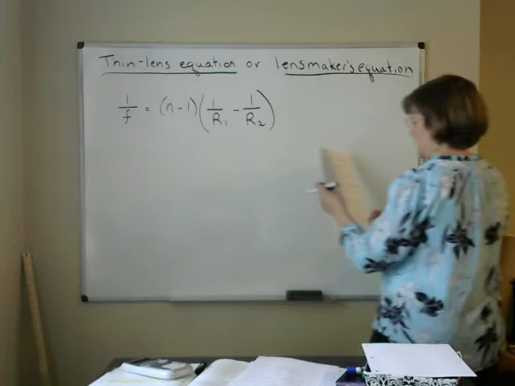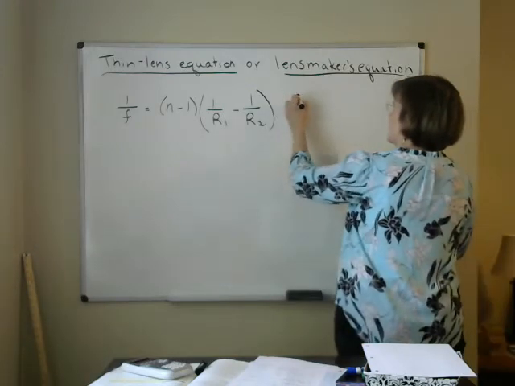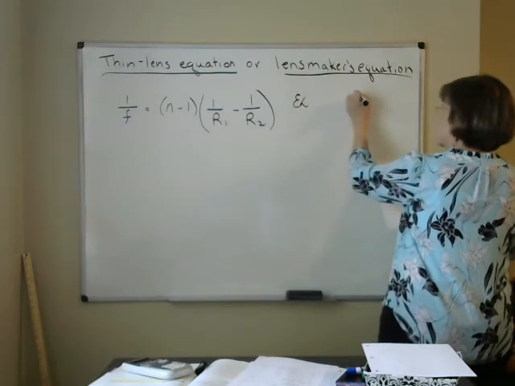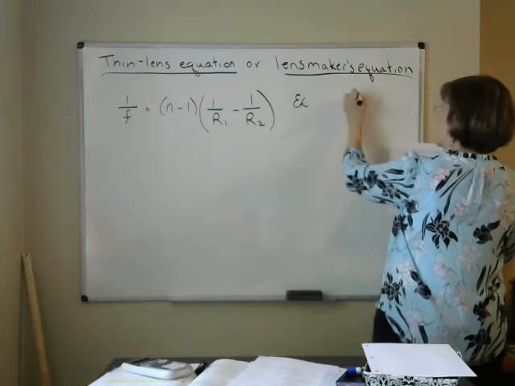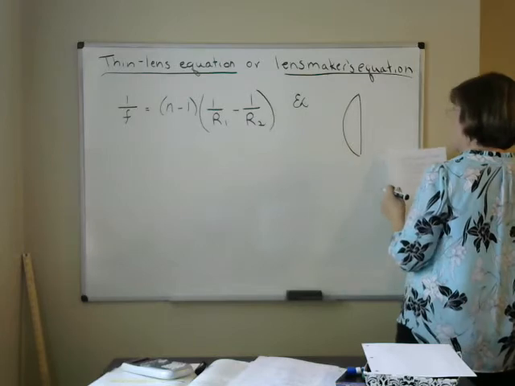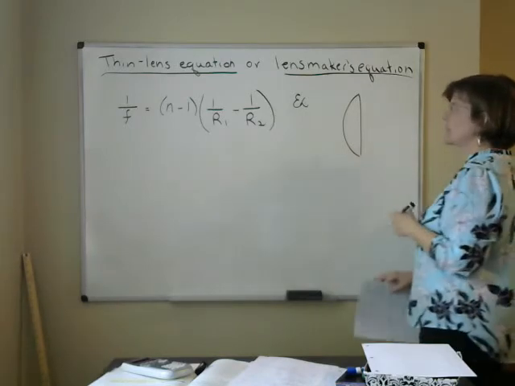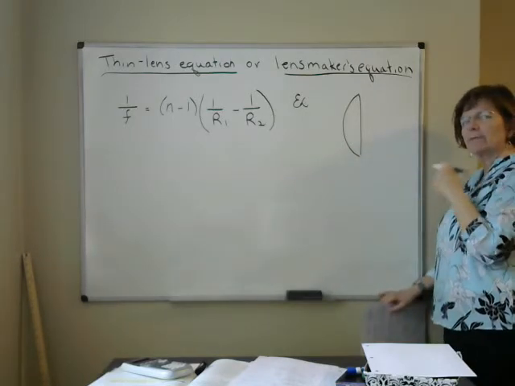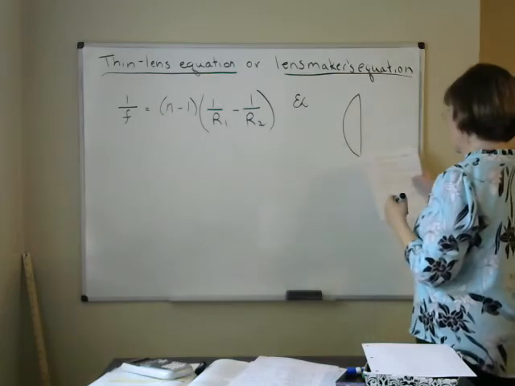Okay, let's suppose we have a lens that looks like this. It's flat on one side, it's convex on the other. We know that when we get finished with this problem, this better have a positive focal length because it's a converging lens.